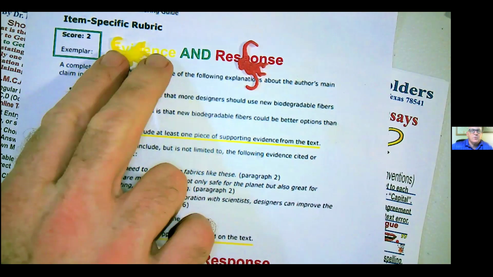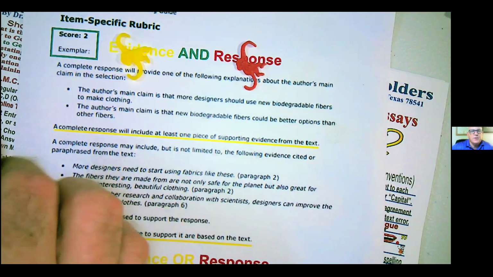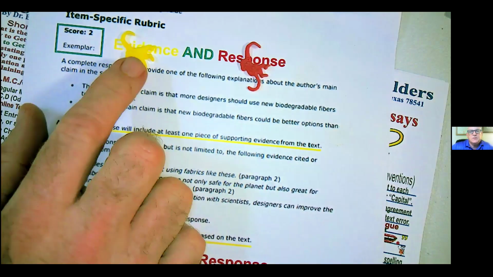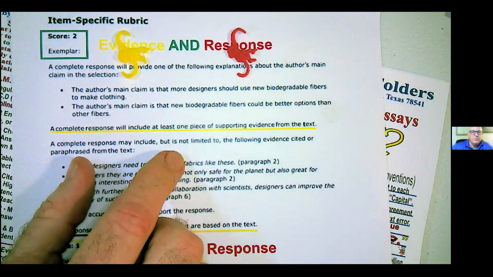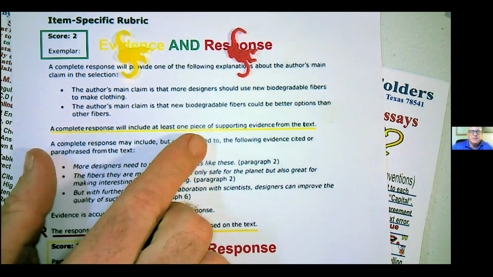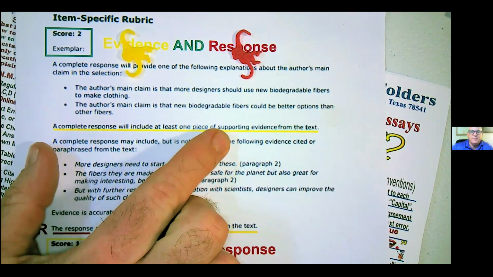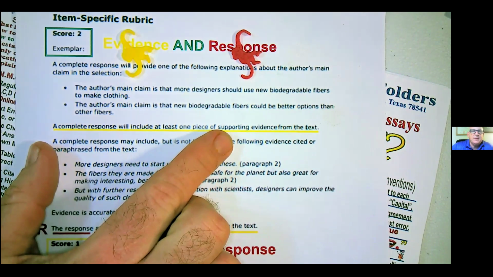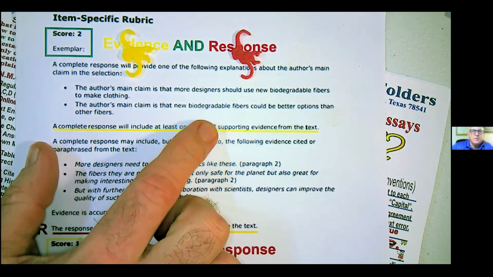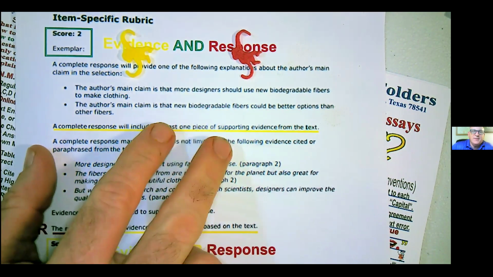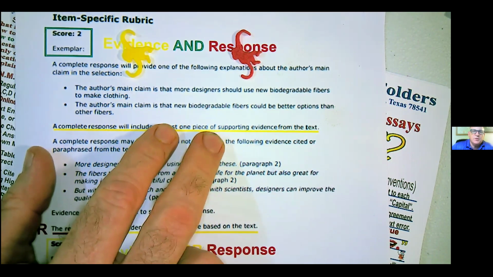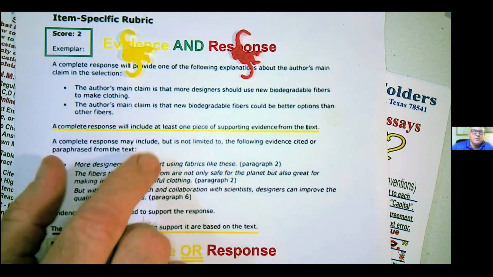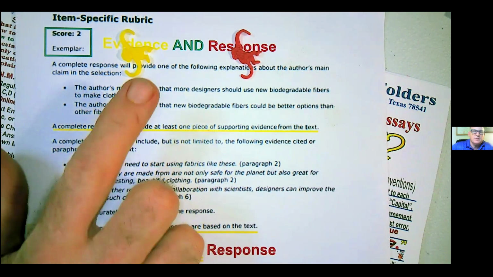Okay. So if the automated scoring engine sees that there is a response that has at least one piece of supporting evidence, one piece, in other words, not even a complete thought has to be there of evidence, but they just have to turn that piece of evidence into a complete thought in what resembles a somewhat complete sentence.